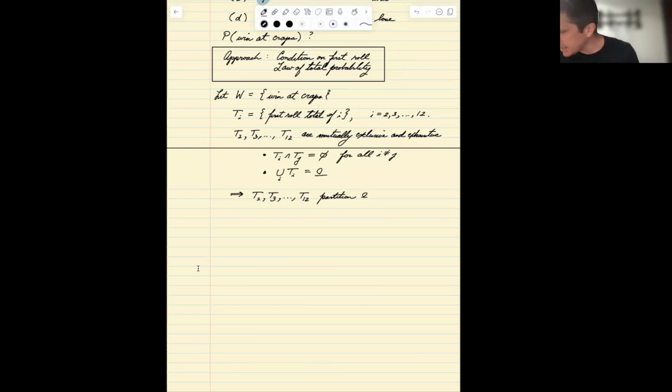So by the law of cases, or the law of total probability, the probability that we win is equal to the sum over all cases, I from 2 to 12, of the probability.